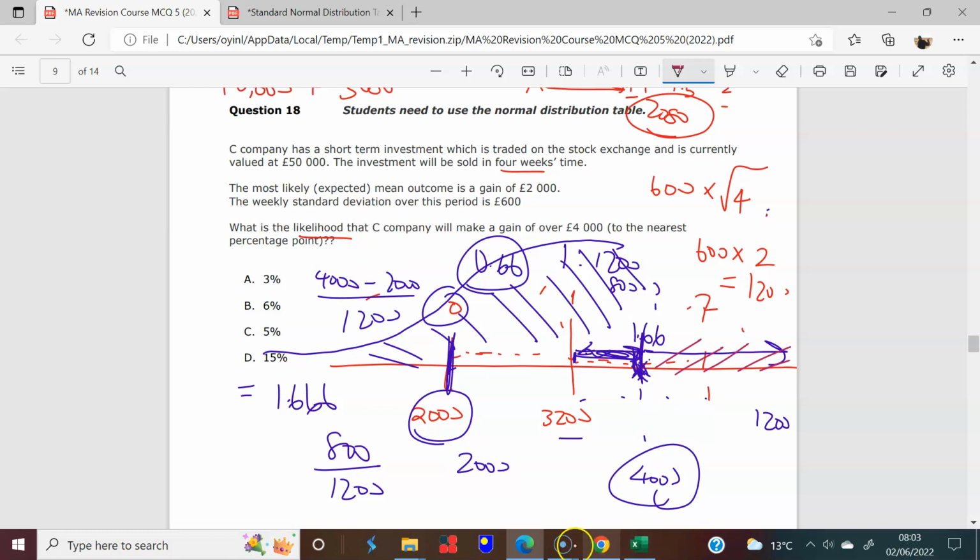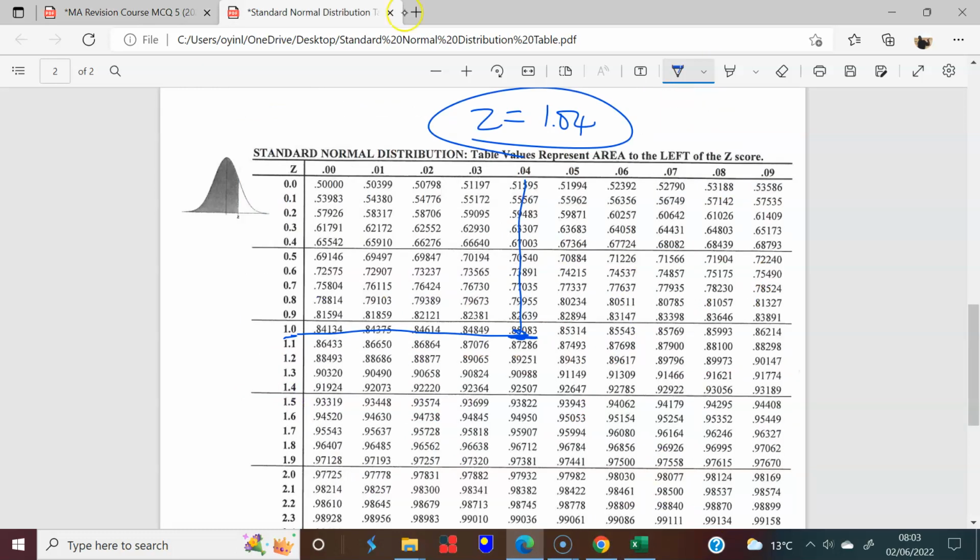So I look in my table and find the Z score for 1.66. I find that the probability of everything up to that point is 95.154.